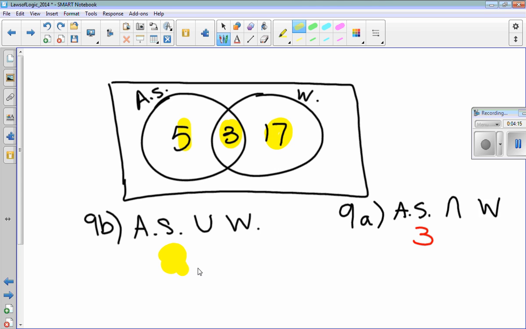So that's just one little thing there. If it said only after school, what would the answer be? 5. Only on the weekends would be 17. So just make sure that you realize that the or is when you add everything. It's one or it could be the other. I don't know, it could be both. All right.